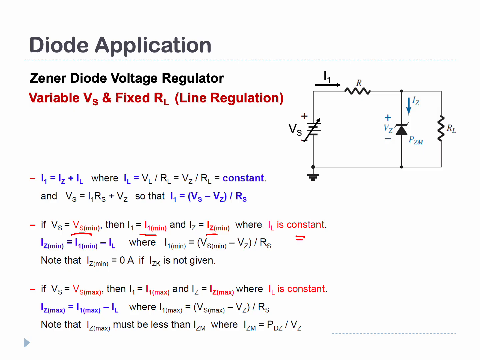IL is determined from the voltage across here. So Iz is equal to I1 minus IL, and this Iz that you determine is the Iz minimum. And if your Vs is Vs maximum, then your I1 is equal to I1 maximum, and your Iz is equal to Iz maximum, and IL is always constant.